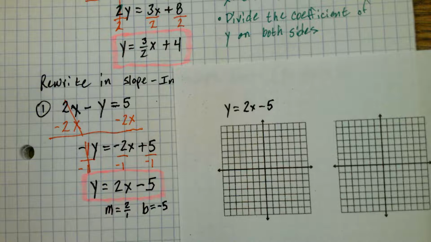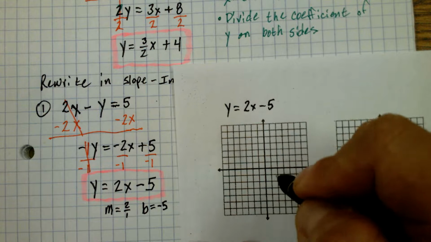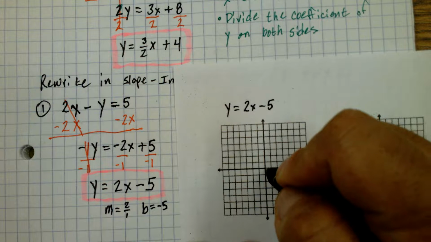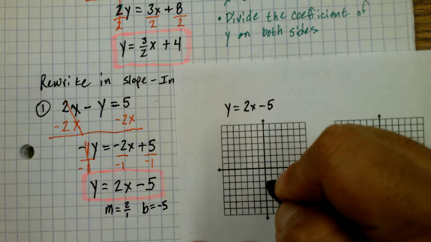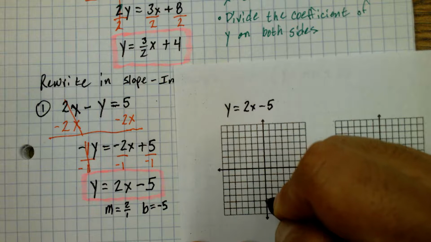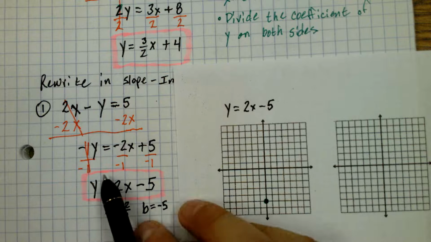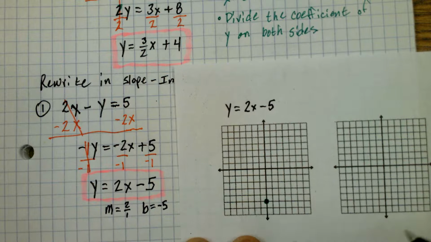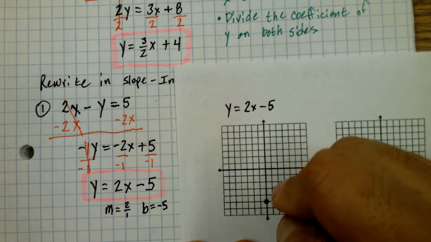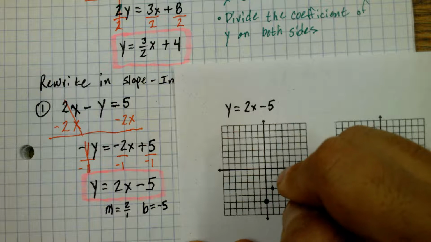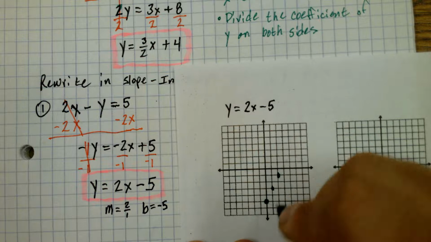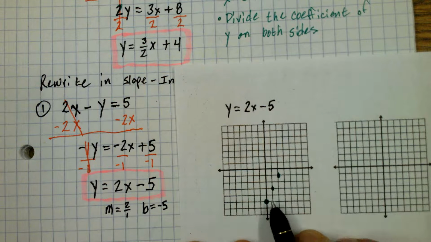And let's see if we can get like 3 points. Where am I going to start? At the bottom. What number, though? Yeah, so go from the origin, go 5 lower. 1, 2, 3, 4, 5. Right there. And then we're going to use the slope, 2 over 1. We're going to go up 2 spots, across 1 to the right. Up 2 spots, across 1 to the right. I can even go back to my original one and do the opposite.